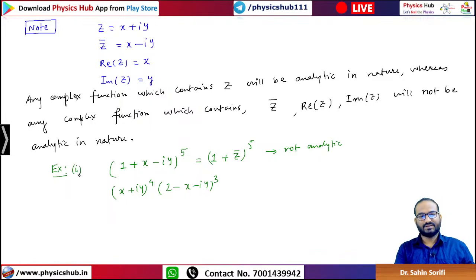The first function, let's say f of z, was one complex function, and this is another complex function. The second function, will it be analytic? So you see x plus iy is z, so it is z to the power 4 times 2 minus z cube. So it contains z, so this is analytic.